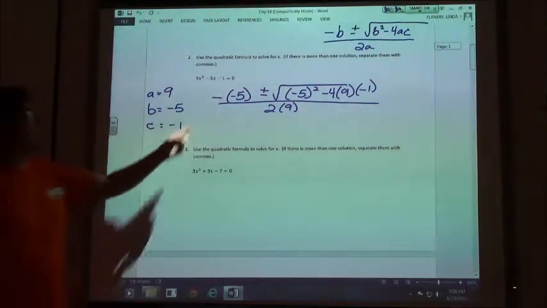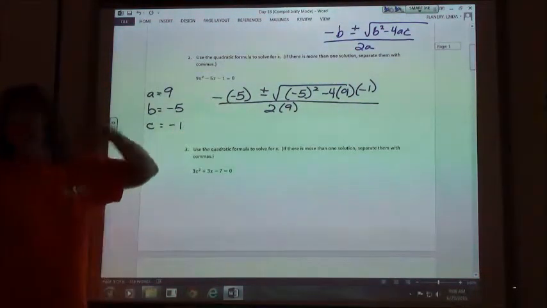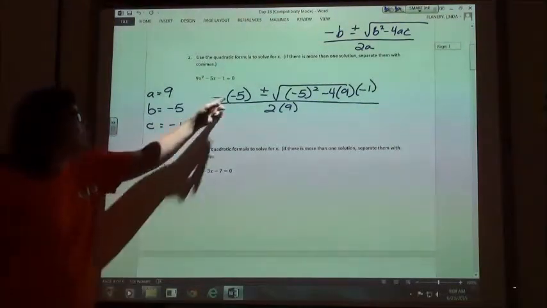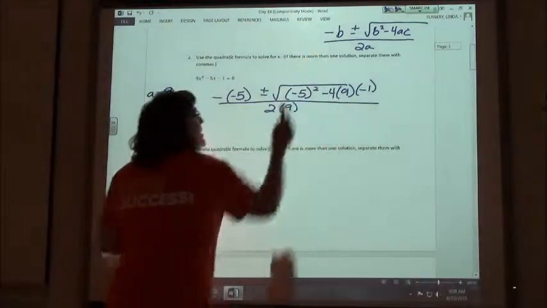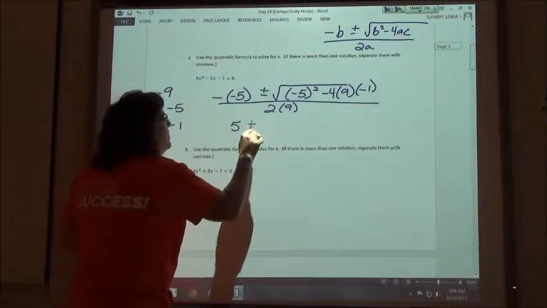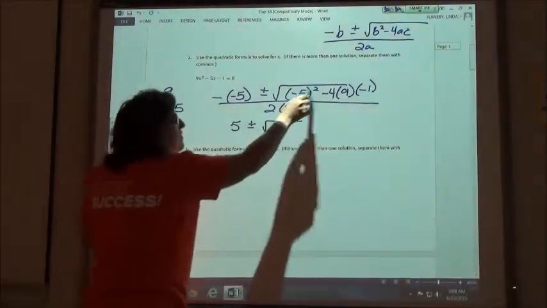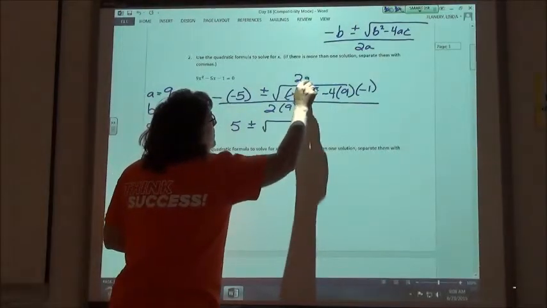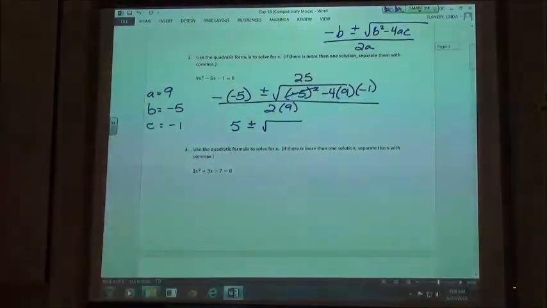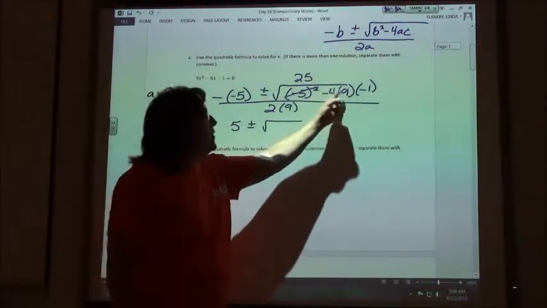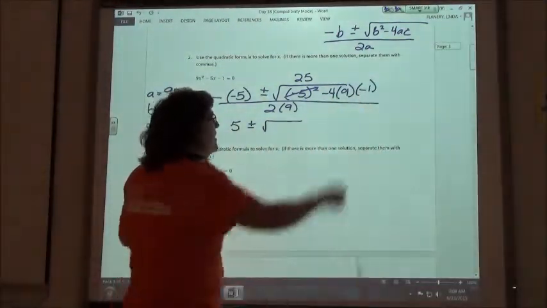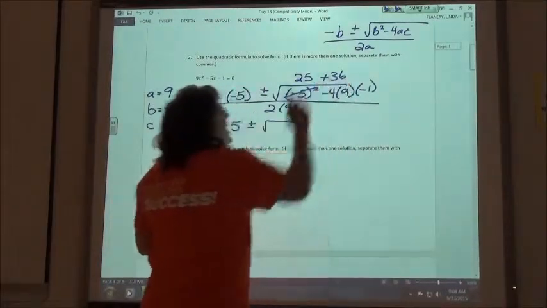So simplifying that, if I have minus a negative 5, going to change to a positive, right? That always should end up being the opposite of whatever the b value is, because that's what minus b means. So 5 plus or minus negative 5 squared would be 25, right? When I square a negative, it becomes positive. Negative 4 times 9 times negative 1, again, that's going to be positive 36 then.